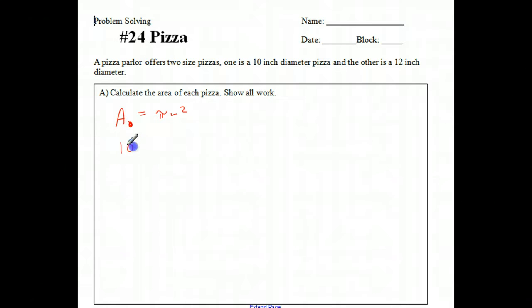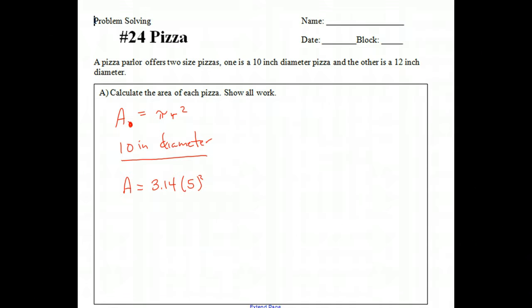So let's start with our 10-inch diameter. Sorry for my handwriting. For our smaller pizza, we're going to take pi, which is 3.14, we'll approximate that for pi, times my radius squared. My diameter is 10, so my radius is going to be 5 squared.